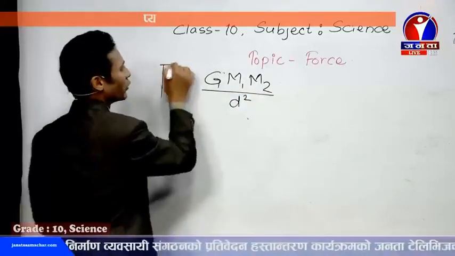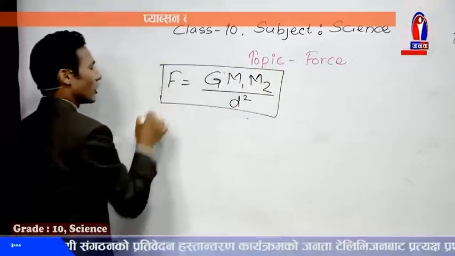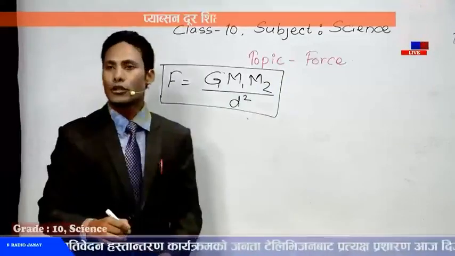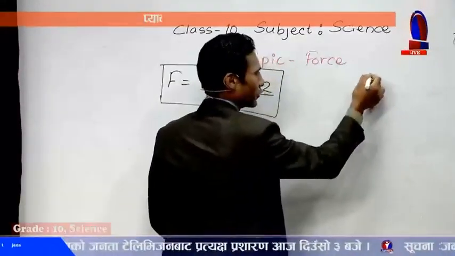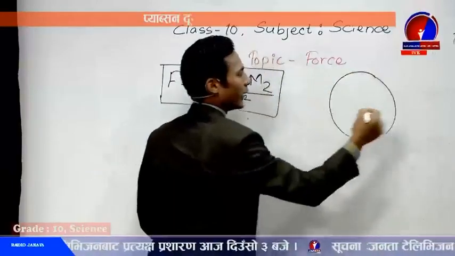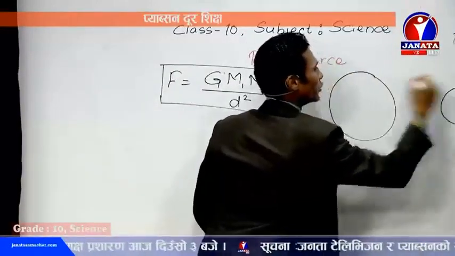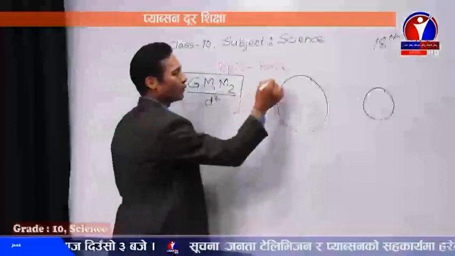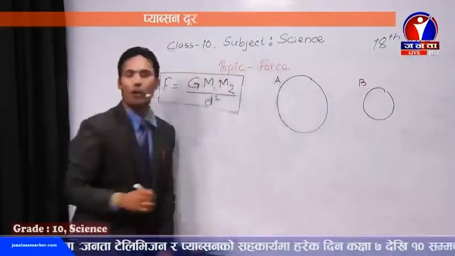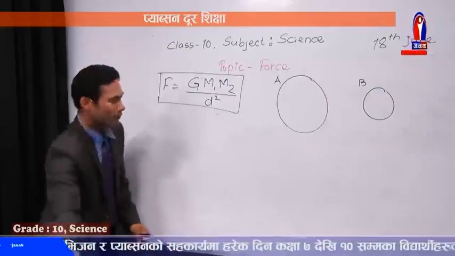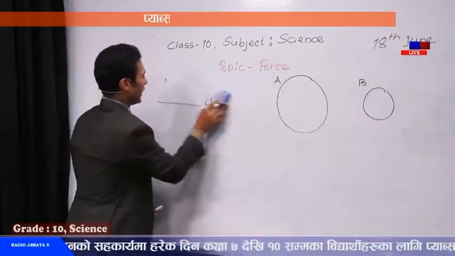This one is also known as Newton's universal law of gravitation. Okay, so let's draw the two objects here, 1 and 2. Let's say this object is A and this object is B. This we are going to derive.